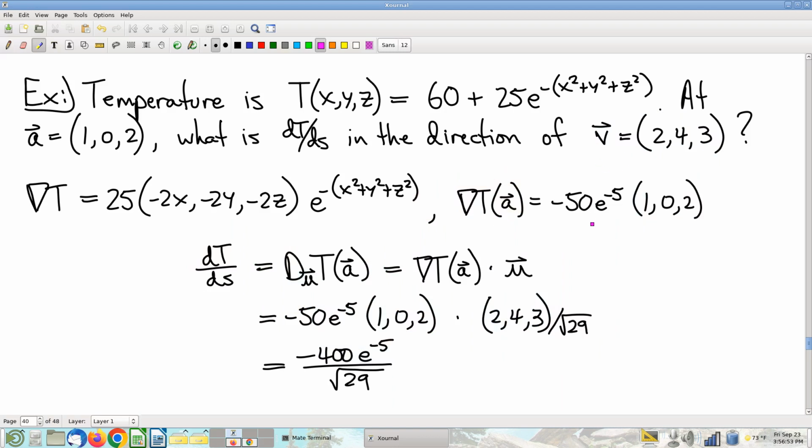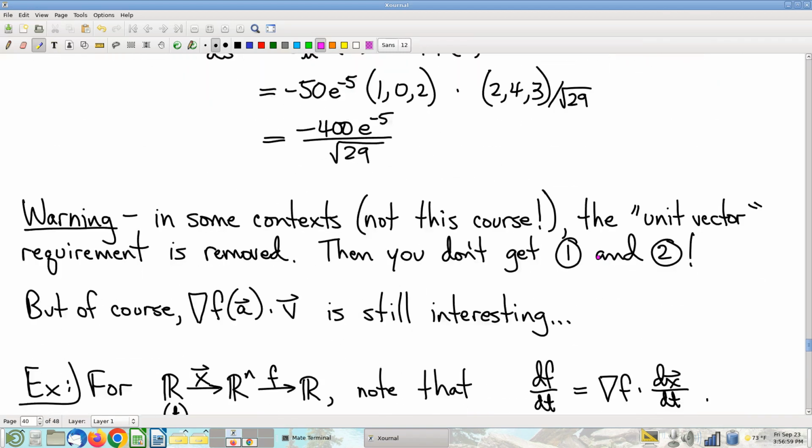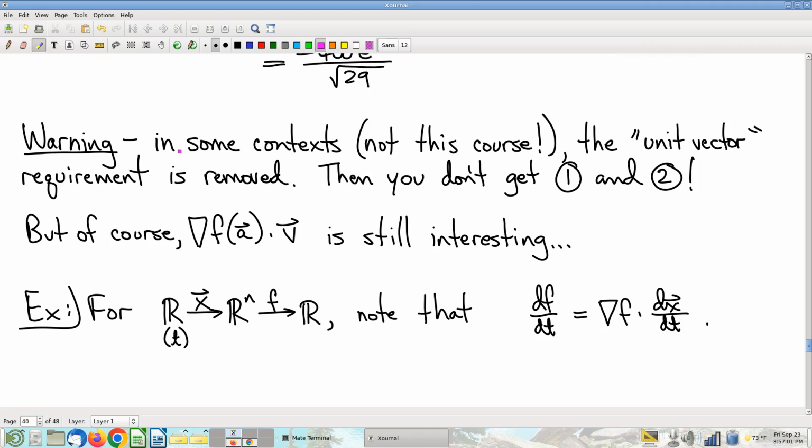If you interpret things, again, you've got to be careful with the interpretations. Awkward note that has to get made. Outside of Math 219, some people will have a different definition of directional derivative and will remove the unit vector requirement.